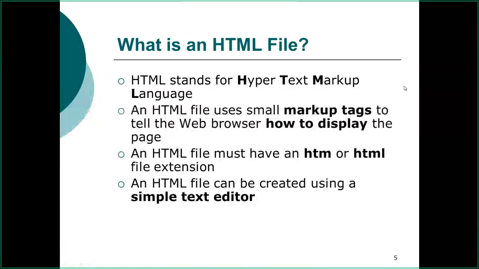So the file's got to be basically HTML or HTML file extension, and all the markup tags are there to tell the browser how to use the information contained in the file.